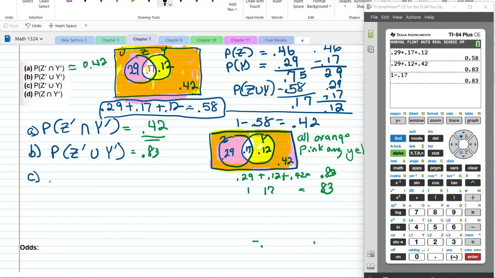C is the probability of Z prime union Y. Okay, we're adding not Z and Y. All right, so here we go. Let's go ahead and draw our Venn diagram.